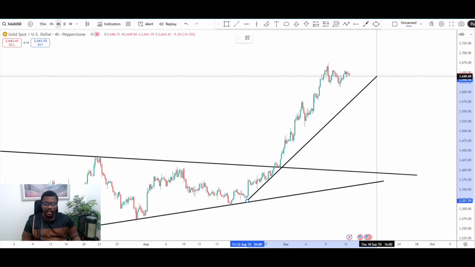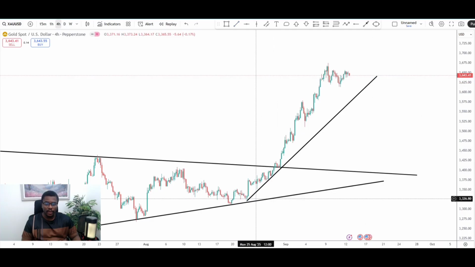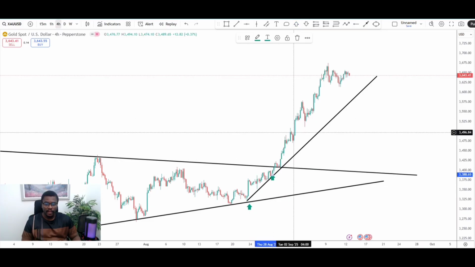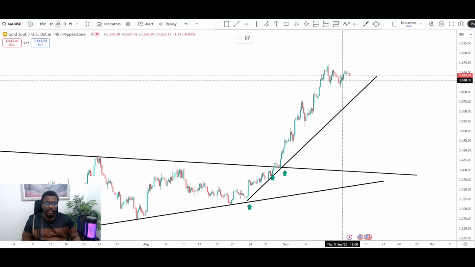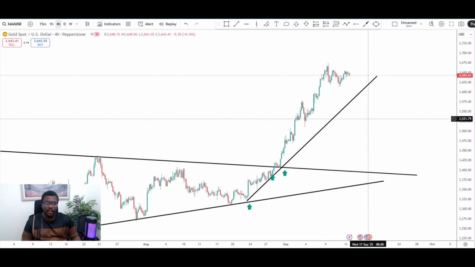Okay, so if we draw our trend line again to see where price is, we can see multiple touches of this trend line there and the ones down here as well, and none has touched again up there.